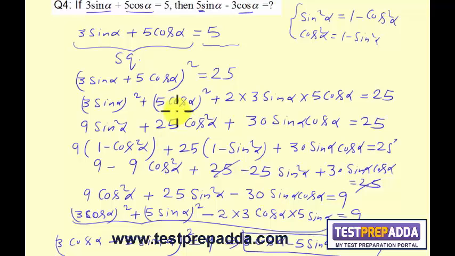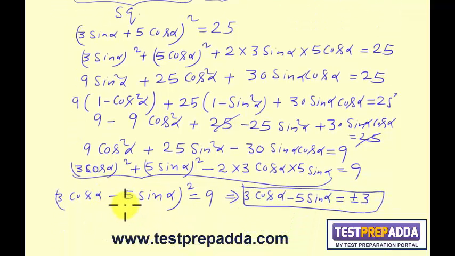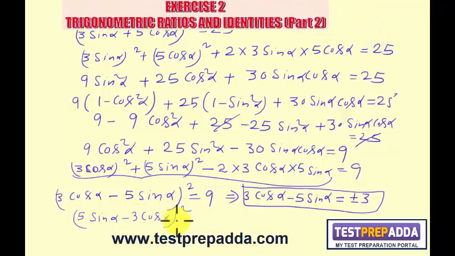And if you go and check the question, in the question you can see it is asked 5 sin alpha minus 3 cos alpha. Doesn't matter, because here we can write 3 cos alpha minus 5 sin alpha whole square as 5 sin alpha minus 3 cos alpha whole square, because everything is inside the square bracket.